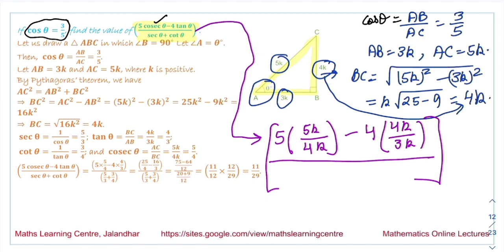Secant theta is the reciprocal of cos theta, so it is 5k over 3k, plus cot theta, it is base over perpendicular.